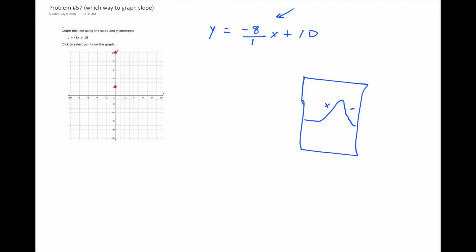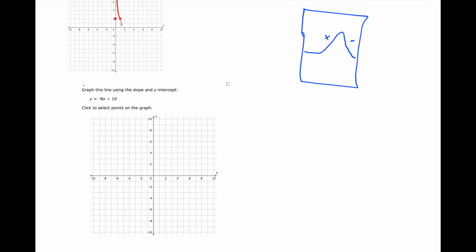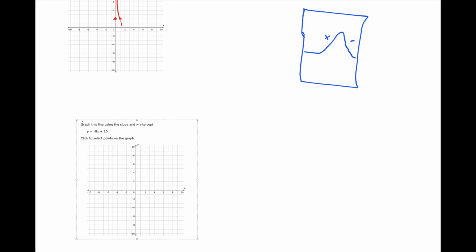Positive 1, because look, there's the positive right there. And we have our line going down because we're a sad line. You with me? Now there's also this, same problem.